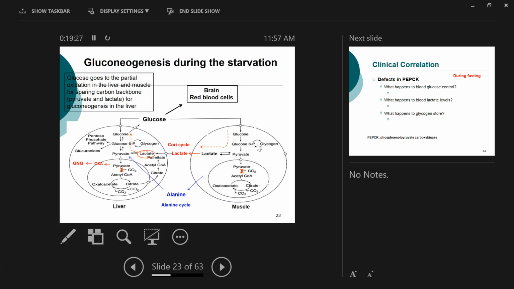And alanine is from muscle and provides precursors for the liver to synthesize glucose. And of course, some other precursors like glycerol and amino acids, which we didn't show here, but just to let you know, can also be used for gluconeogenesis in the liver.